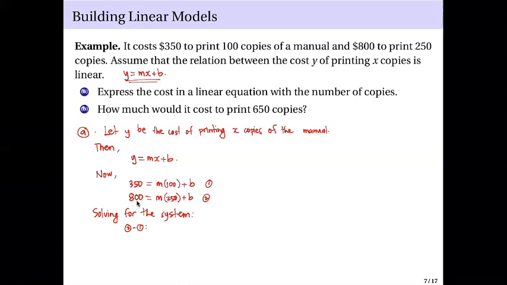So we have 800 minus 350, that's 450. Then here you have 250m minus 100m, that's 150m. And then b minus b, that's just 0. So from this equation, we have m equals 450 over 150, and this is equal to 3.